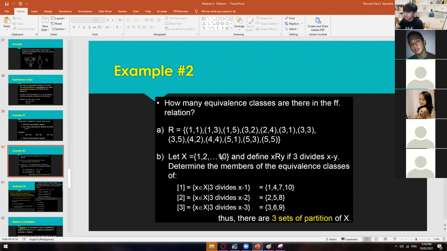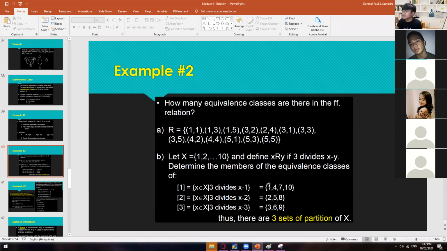So this is your x, and this is your y, which is 1, 2, 3. From there we can compare x and y on how they are related using this condition. Let's say 10 minus 1 divided by 3 has a 0 remainder.